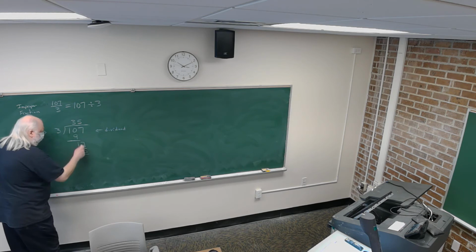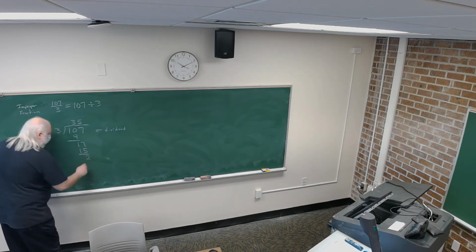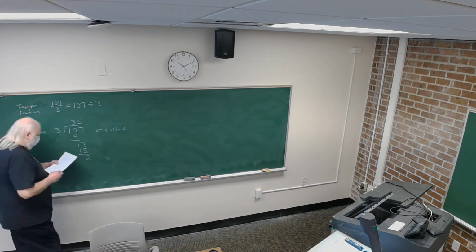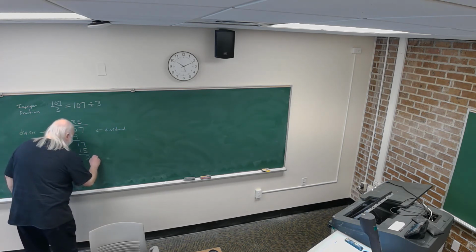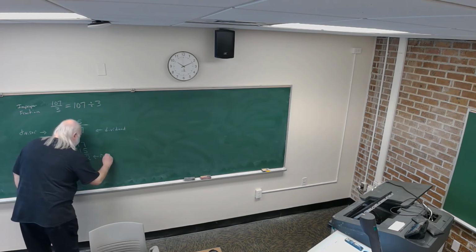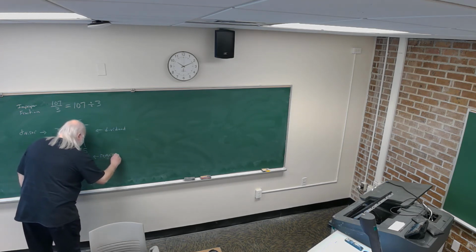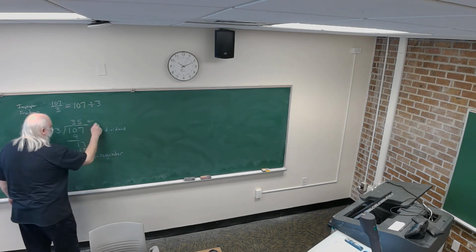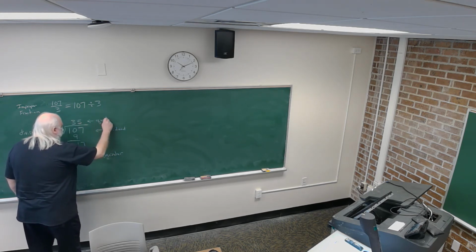Then you subtract 15 from 17, and you get 2. The 2 down here at the bottom is called the remainder, and the 35 up here is called the quotient.